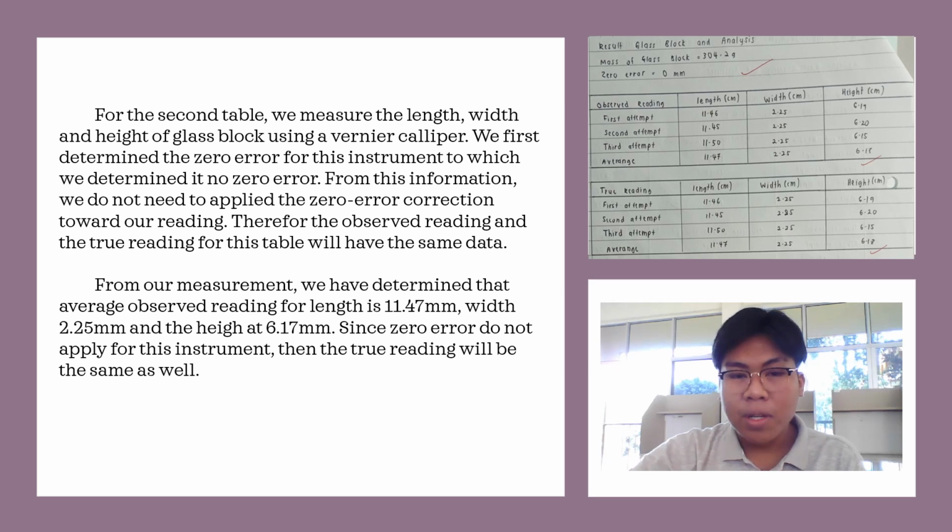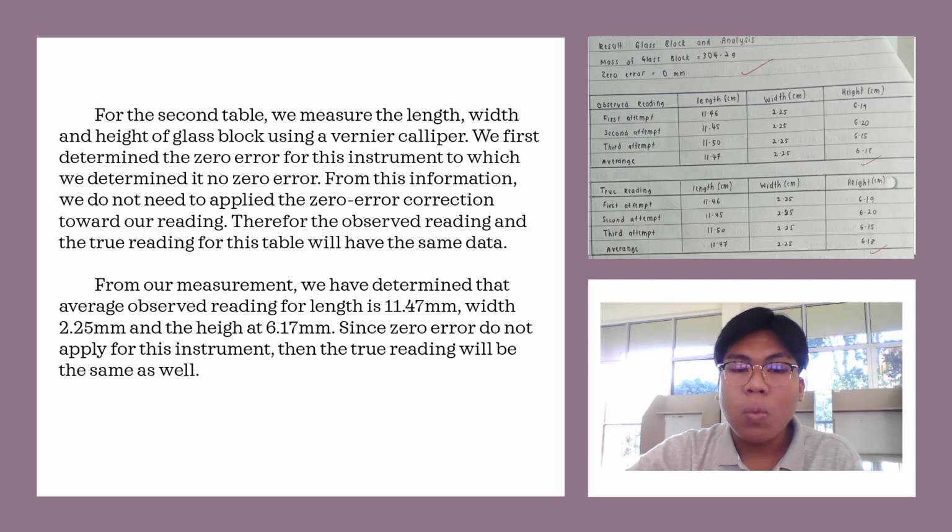Next, for the second table, we measured the length, width, and height of the glass block using a vernier caliper. We first determined the zero error for this instrument, which is zero. From this information, we do not need to apply zero error correction to our reading. Therefore, the observed reading and the true reading for this table will have the same data.